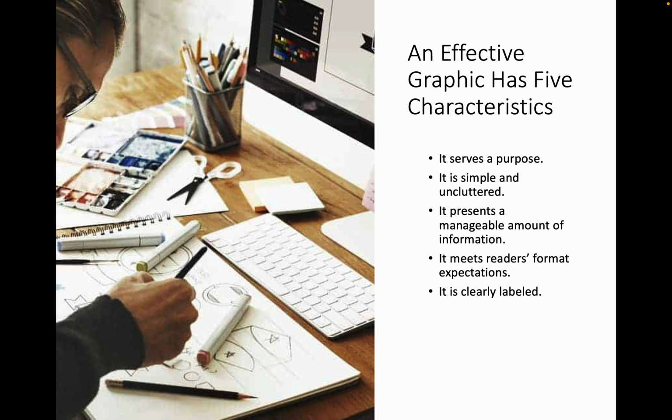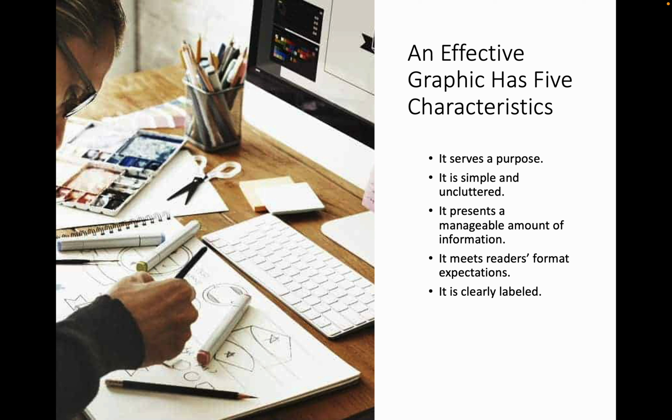So let's talk about what an effective graphic has. It has 5 characteristics. It does 5 things. First of all, it serves a purpose. Do not put it in there if it doesn't serve a purpose. It is simple and uncluttered, and I'm going to also extend this to it fits in well with the page.